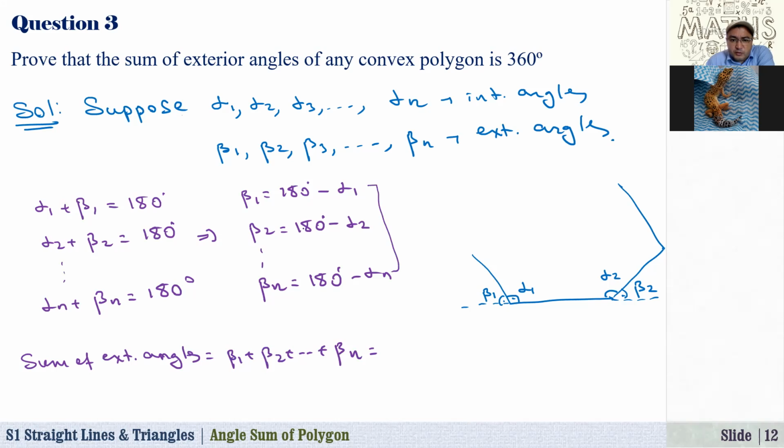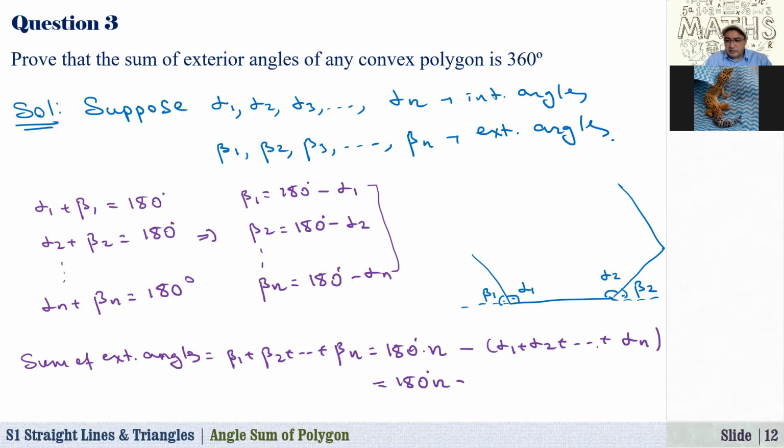And now if you just add the right-hand side, how many 180s do we have? Here we have n, so we have 180 times n. And minus, now I have to add alpha 1, alpha 2, alpha 3, alpha n. So minus is a common factor. Here we have alpha 1 plus alpha 2 plus dot plus alpha n, that's equal to 180 times (n minus 2). And we have just proved that in our previous question, right?